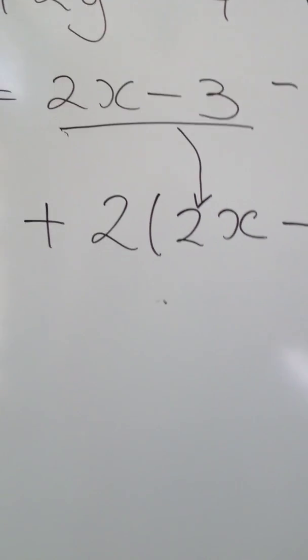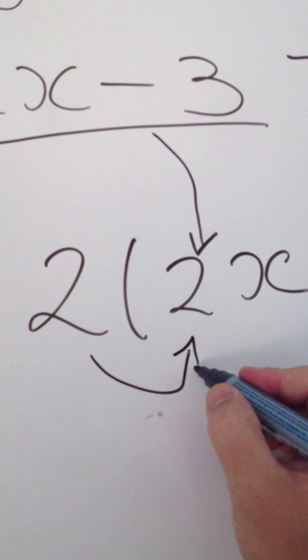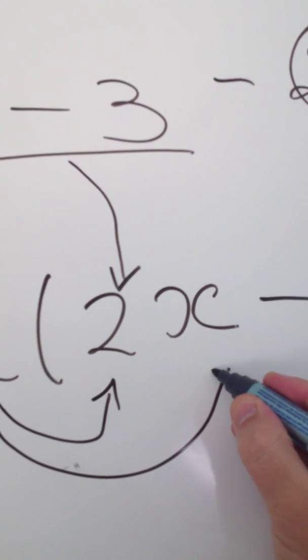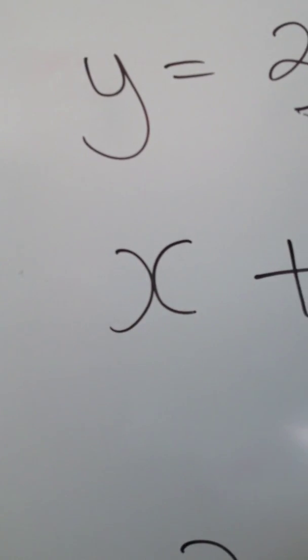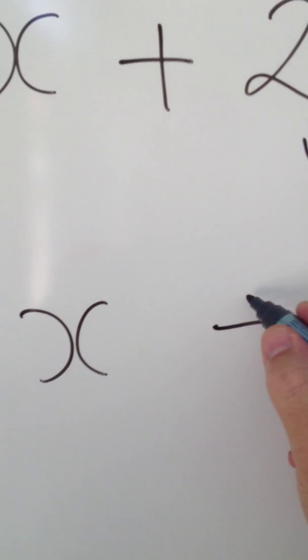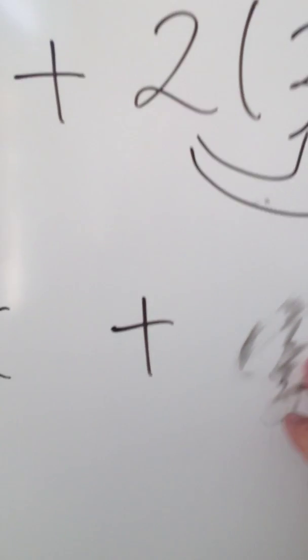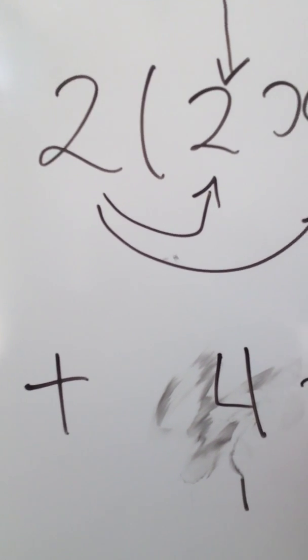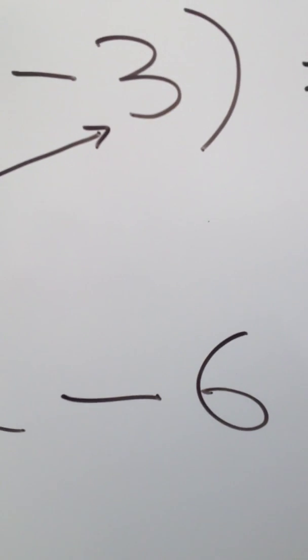Okay, now if I continue to solve this, you'll see that we do expand the brackets with this over there. So we'll end up with x plus 4x minus 6 equals 4.